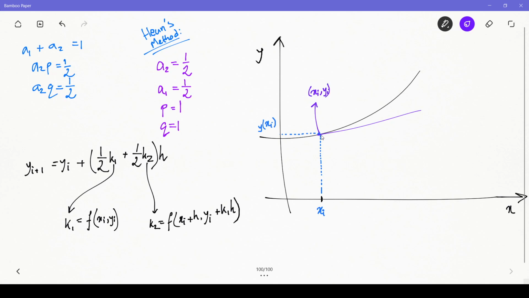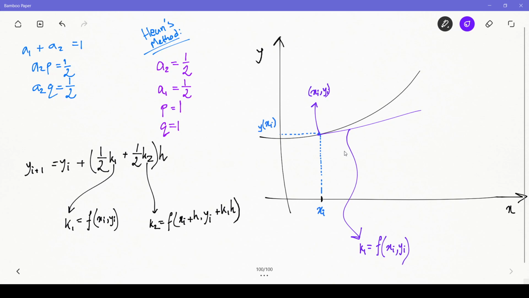At this point, the particular slope is, of course, k1, because the slope at the point x sub i comma y sub i is the functional value of the bivariate function at that particular point. We said that this bivariate function dictates the behavior of the slope, right? So k1 will obviously be the bivariate function's functional value at the point x sub i and y sub i. Fine. So this is our K1, the first slope that we are considering.